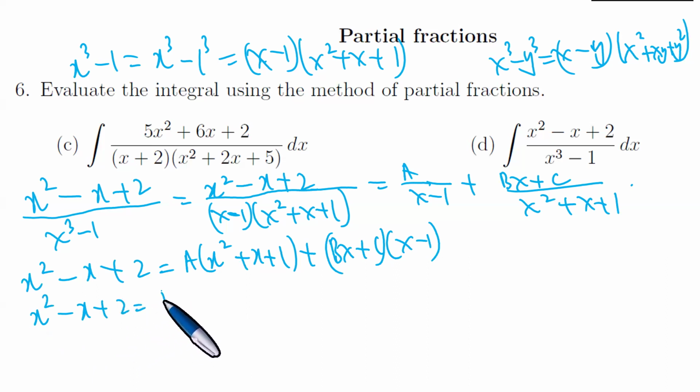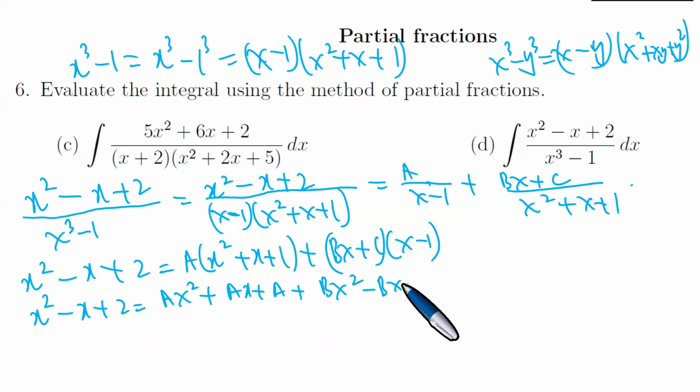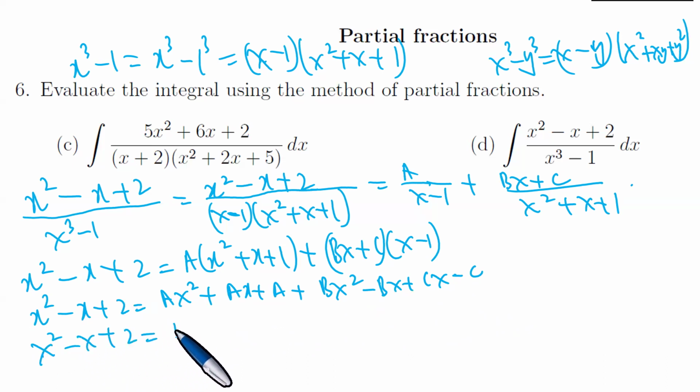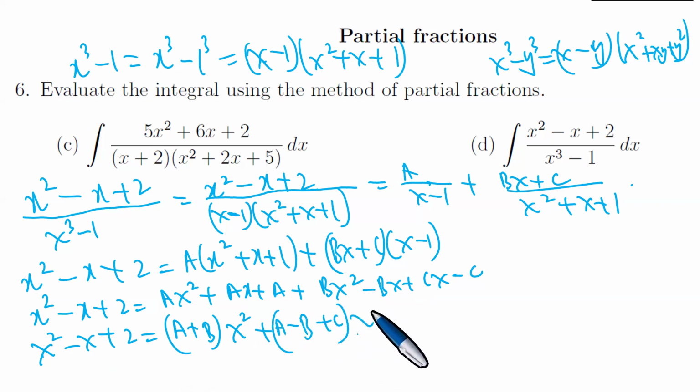That is ax squared plus ax plus a, plus bx squared minus bx plus cx minus c.